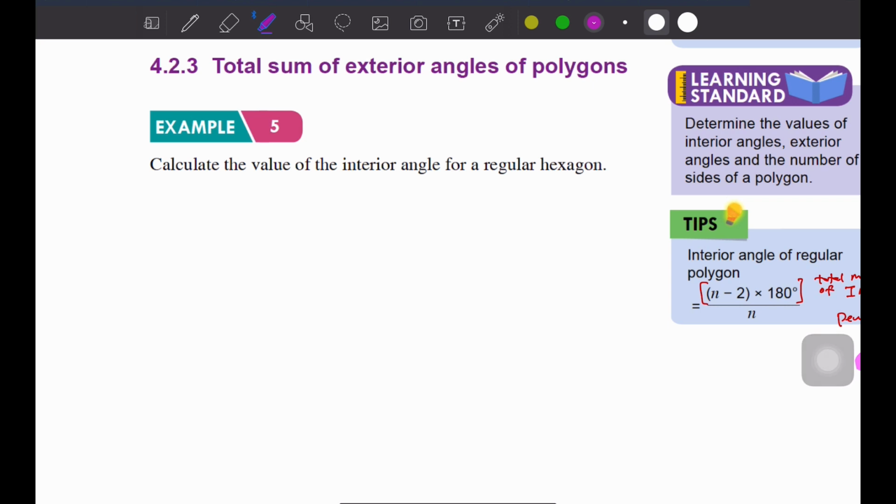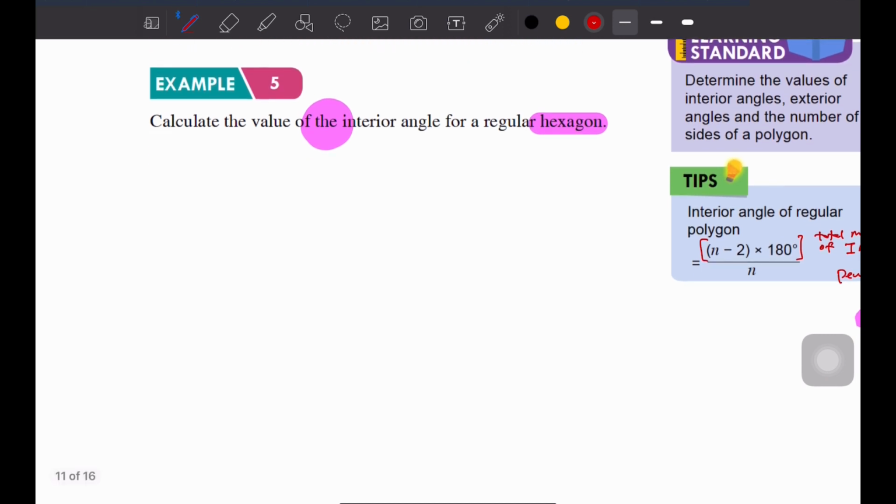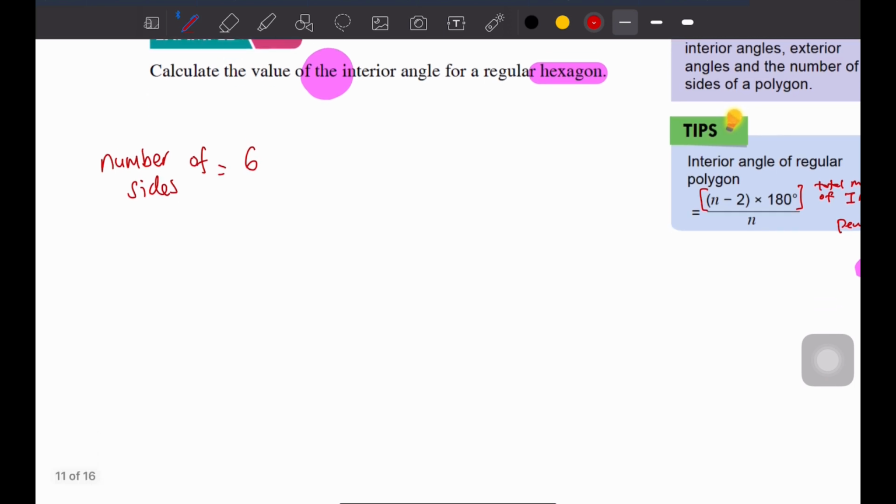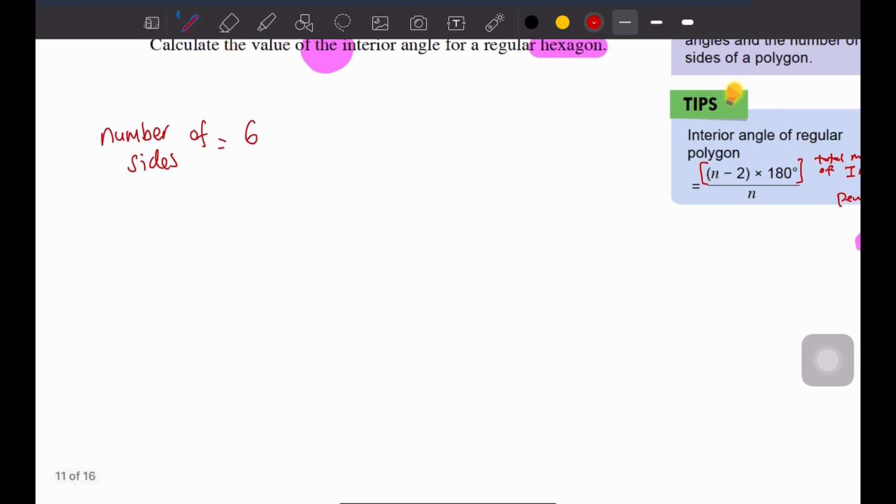So let's look at the first example. Example 5. Calculate the value of the interior angle for a regular hexagon. Okay, so what we need to do? So first we know that the number of sides for hexagon is 6. Then we can try to use this formula directly.